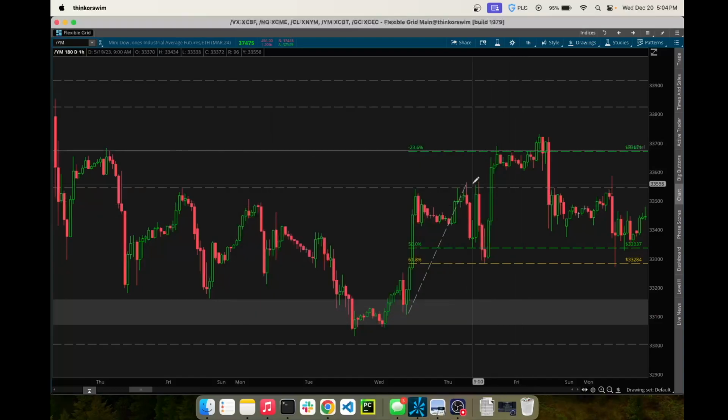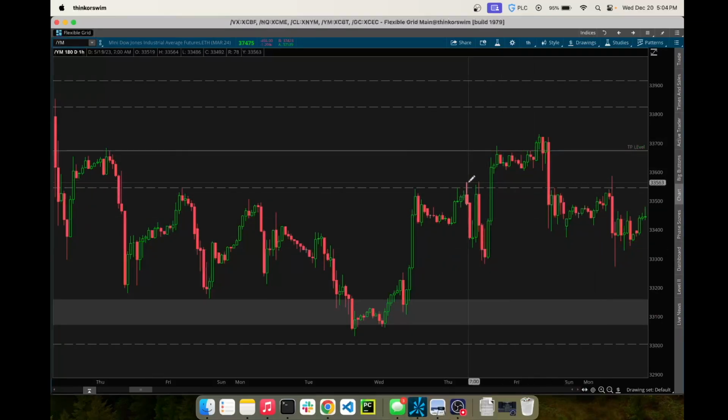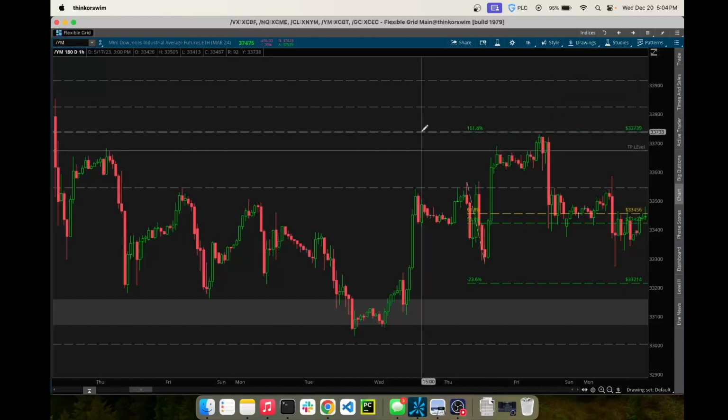We got our take profit level. If we clear this off and then we fib down towards here, we give ourselves our negative 161 or our 161 up top.